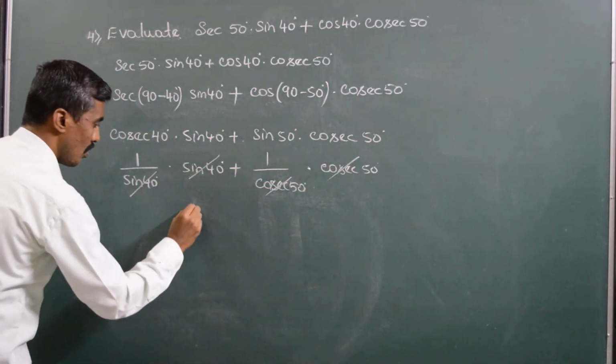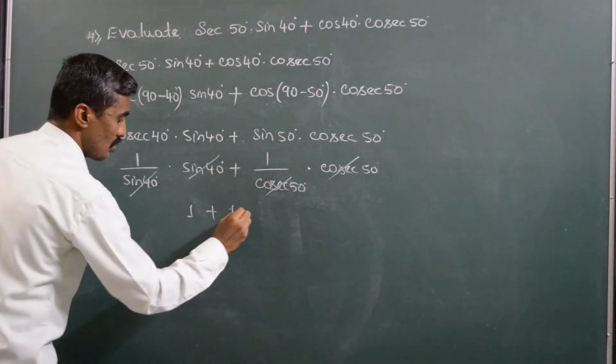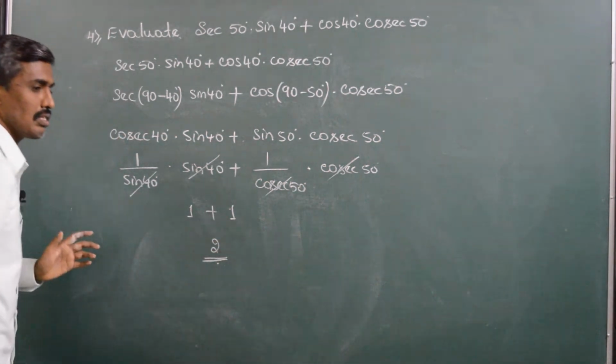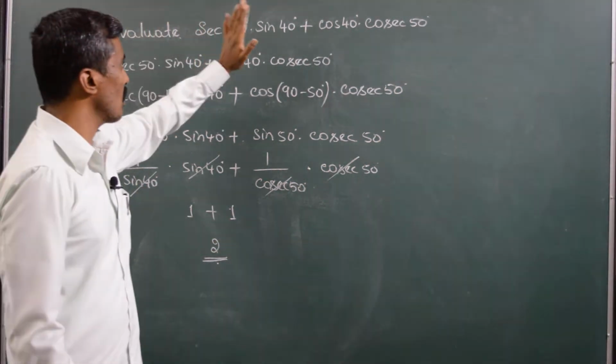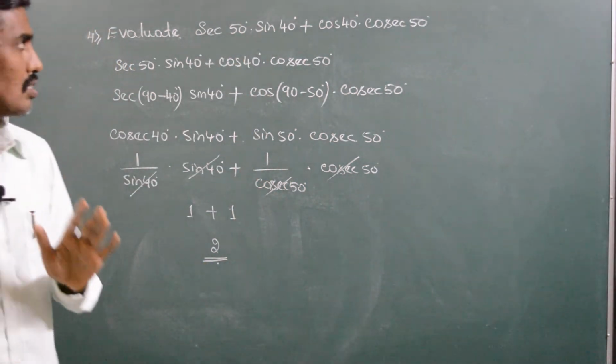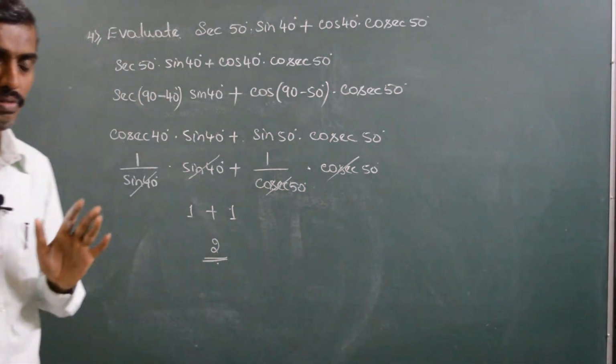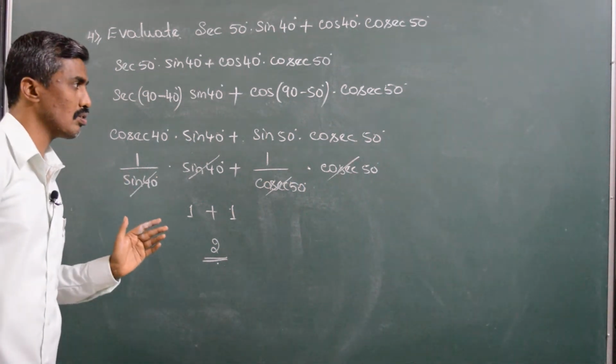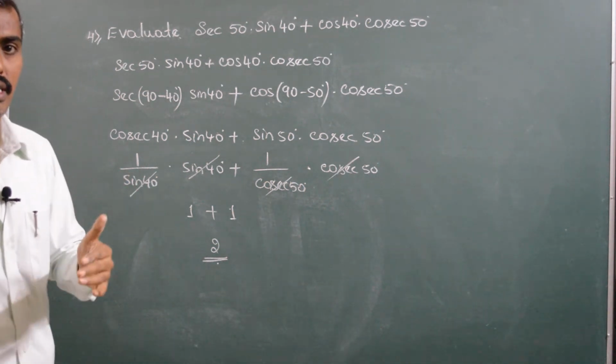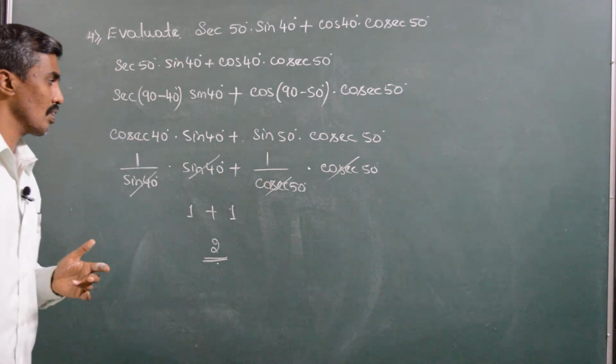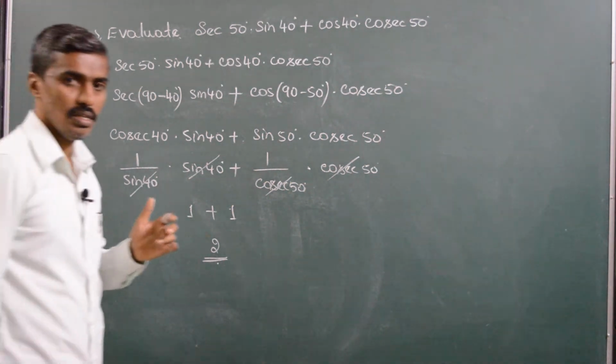So then here got 1 plus 1. So what is 1 plus 1? That is 2. This is the value of the expression. Okay, so this question can be asked in the examination for 2 marks. Okay, now I will move on to the fifth problem.